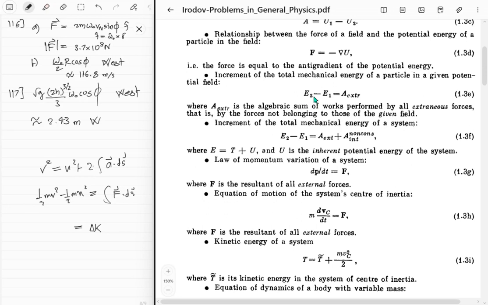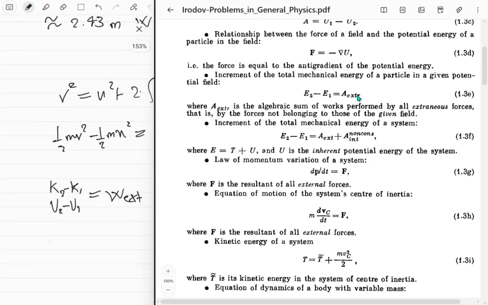E2 minus E1, what does it mean? Total mechanical energy of a particle in a given field. Oh, so this is the external work done. Fine. Then they are talking about kinetic energy 2 minus kinetic energy 1, and then potential energy 2 minus potential energy 1 is equal to the work done externally.